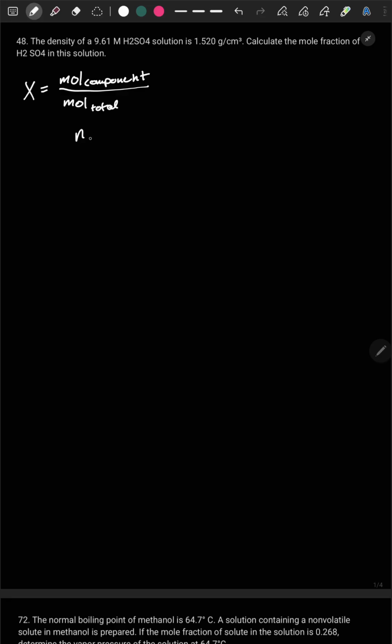In this case, it's going to be n of H2SO4 over n total. So this is what we want. But let's not get ahead of ourselves here.